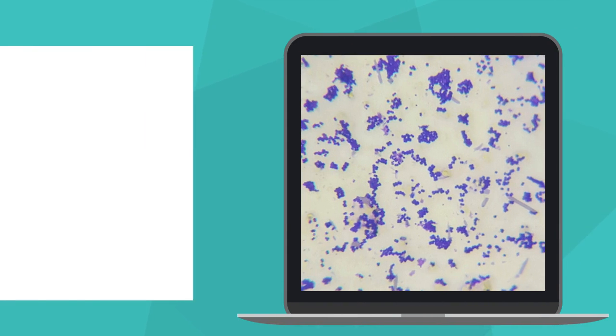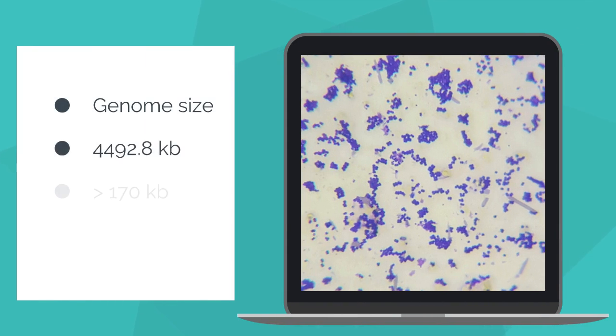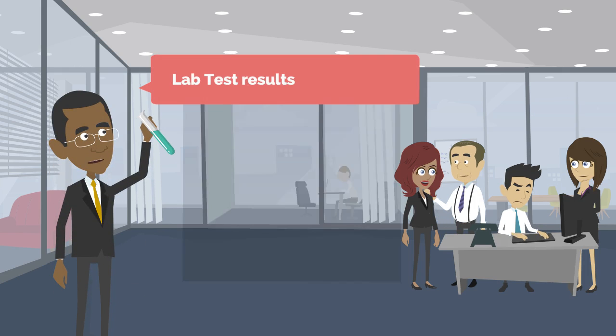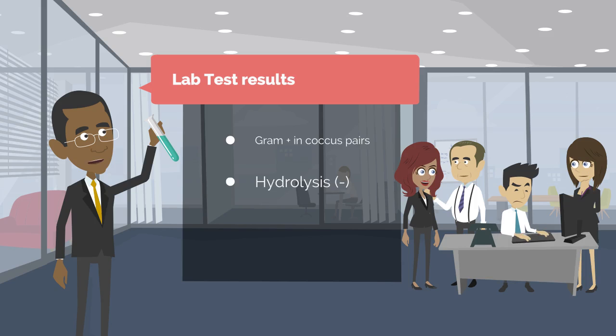The genome size of this bacteria is 4,492.8 kilobase pairs. Genome sizes of greater than 170 kilobase pairs are generally classified as bacteria. The lab test results showed a gram-positive coccus in pairs, negative hydrolysis, and non-spore forming bacteria.